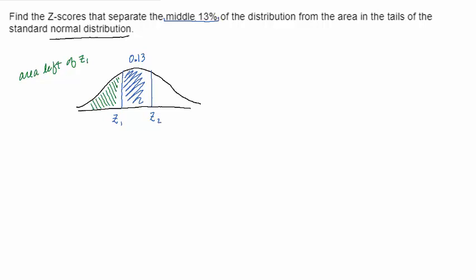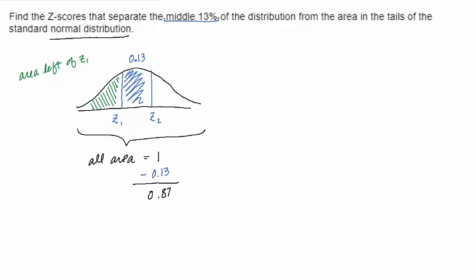It's kind of tricky in that we have to remember that the whole curve, all of this area here, is 1 altogether. But we take out the 13%, or minus 0.13, because that's the part in the middle. So 1 minus 0.13 makes 0.87, the amount of area left over.